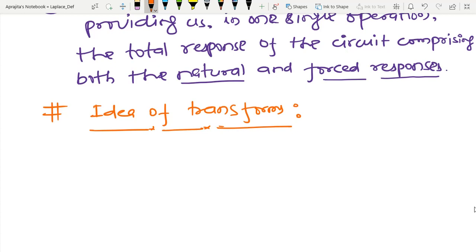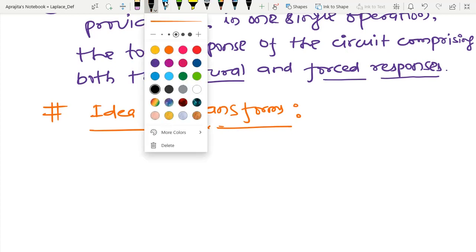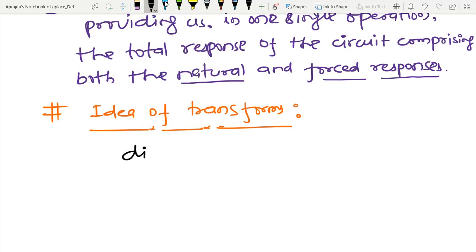And the most fundamental transforms you have learned so far are differentiation and integration.